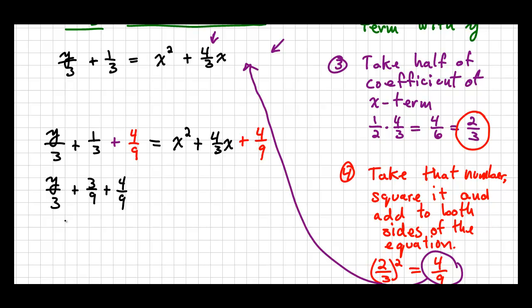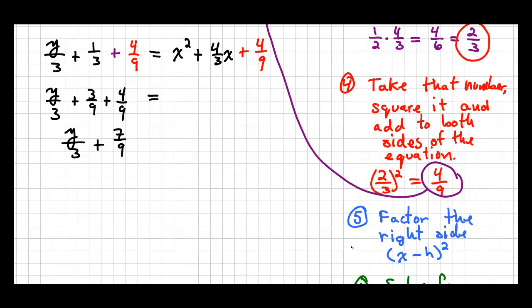So on the left side, we're going to get y/3 plus 7/9. And on the right side, the whole reason we went through all that trouble to figure out what number to add there, that 4/9, is because this now is a perfect square trinomial. We can factor the right side.